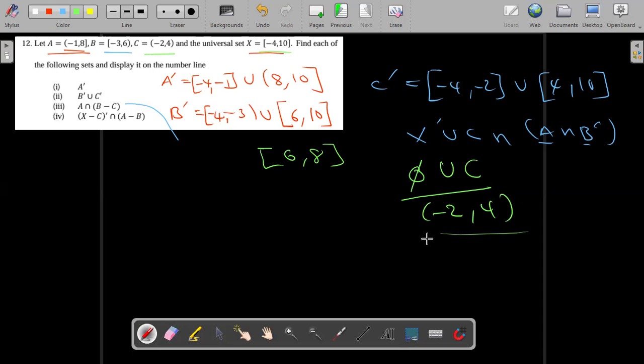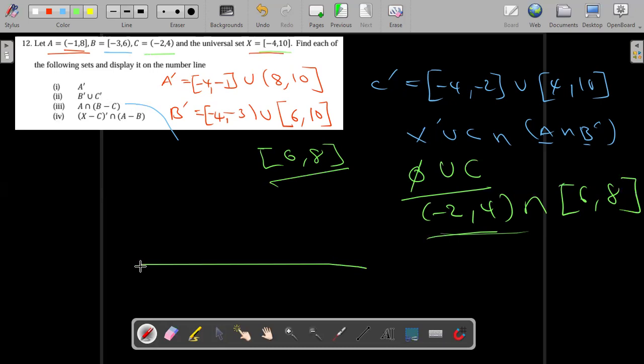So now I have to intersect this with what I just found, which is 6, comma 8, like that. So meaning the value for the last one is just going to go here, -4. Then on the other side I have 10. So now what is it going to give me? I can plot that one.